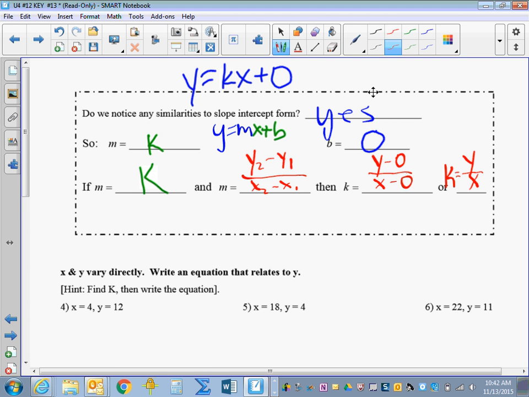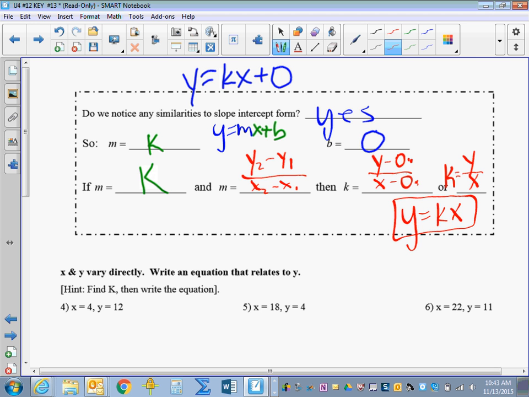Direct variation is when we don't have a y-intercept, or we have one, but it's at 0, 0. So one of my points is 0, 0, which is what we put in here. And so then my equation is just k equals y over x, which if I multiply by x on both sides, I get y equals k times x. And that's where my equation comes from. That's where direct variation comes from.